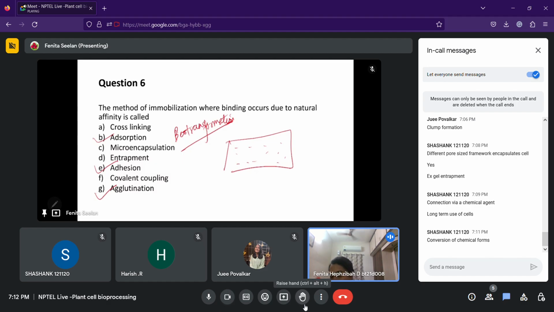What do you think this immobilization might have as a disadvantage? It has many advantages: you can run the system continuously, and you can reduce the problems of aggregation and foaming, because the cells are not in contact with each other and are separated from the media.